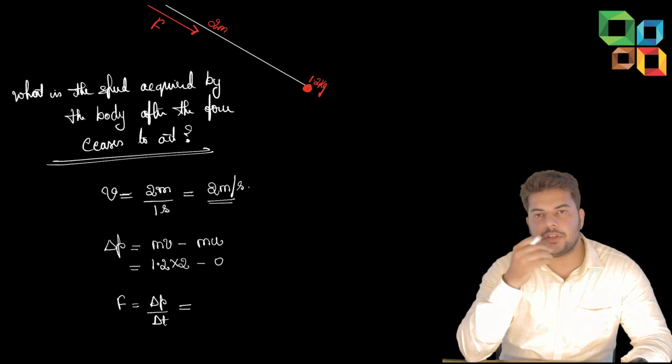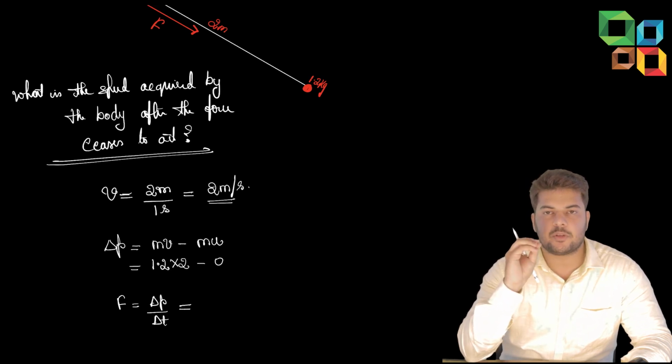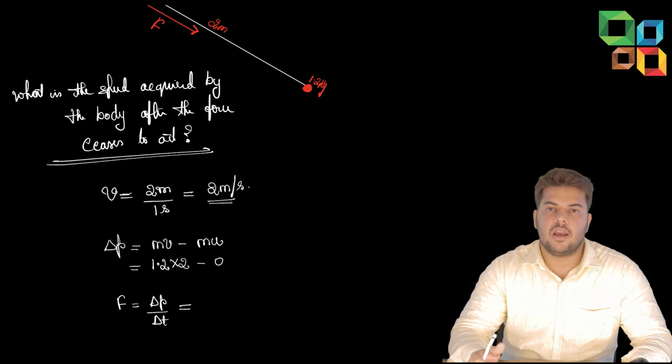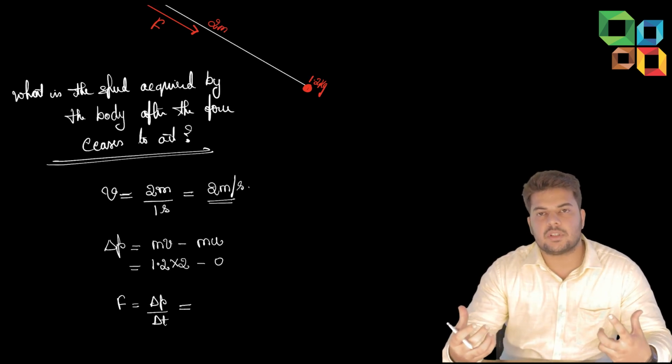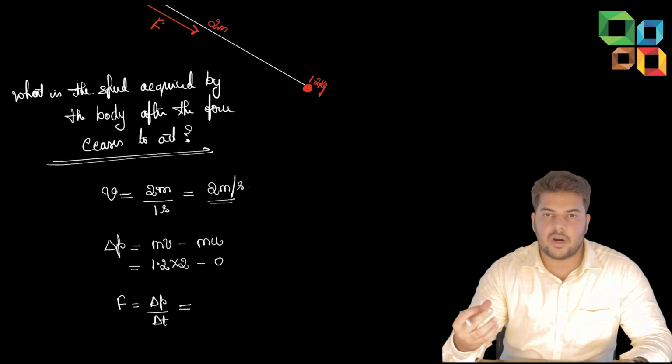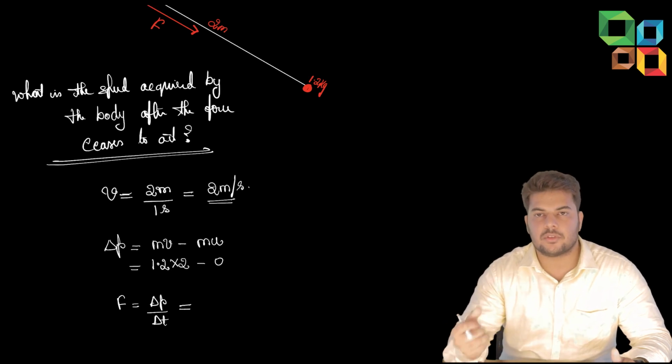If the momentum changes rapidly, then there must be a greater force acting on the body. If the momentum changes slowly, then there must be a smaller force acting on the body. So Newton's definition of what a force is is quite intuitive, isn't it? It's a quite natural meaning to give to force, right?